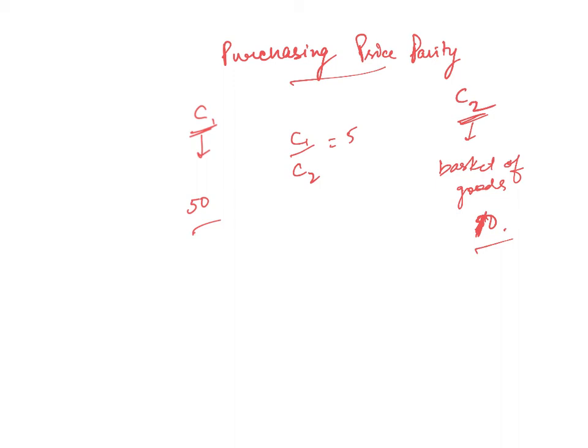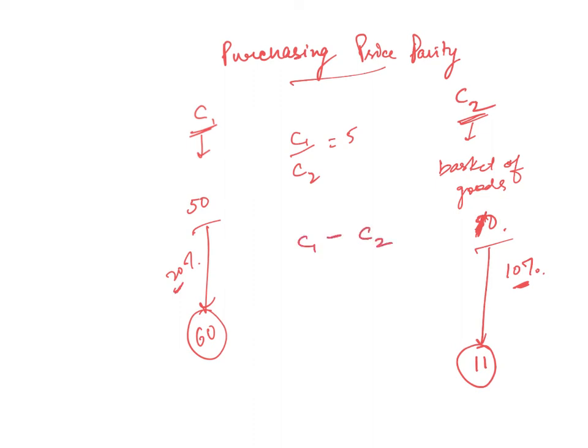Now what happens is there's 10% inflation through the year. This basket is now worth 11 rupees. 20% inflation through the year. This basket is now worth 60 rupees. So what this relationship tells me is that the change in price is basically going to be inflation of C1 minus inflation of C2.